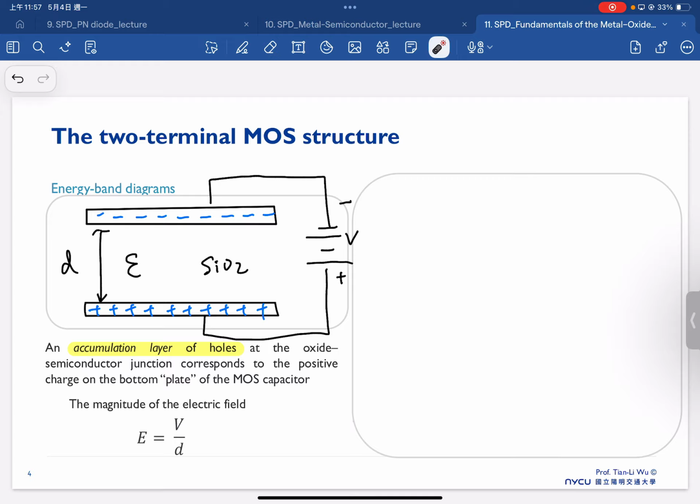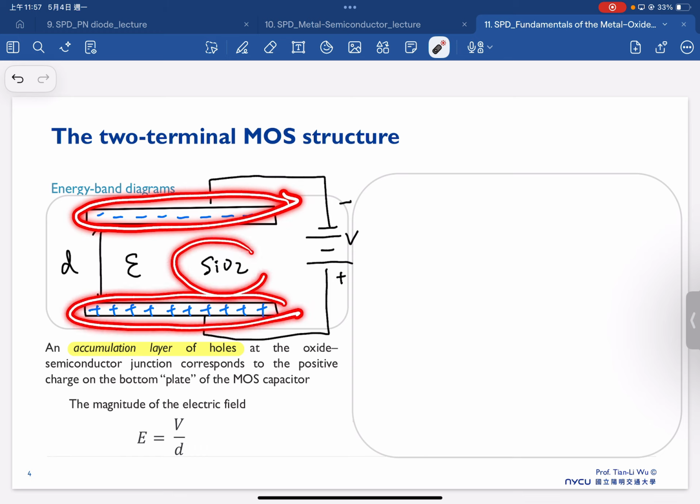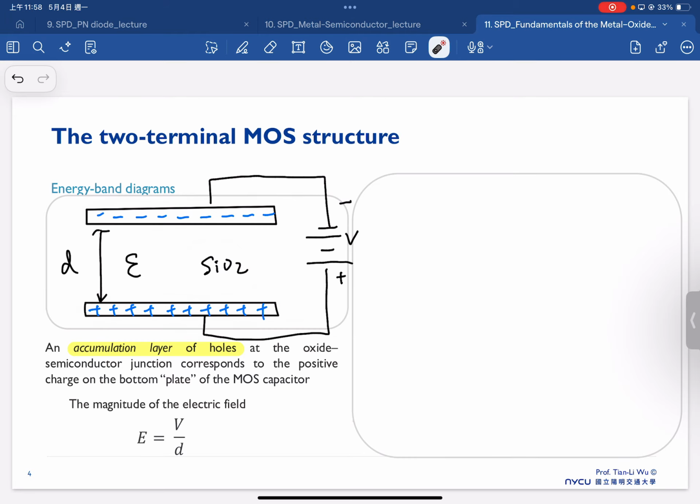This is a typical general case where we have a top plate, a bottom plate, and the dielectric. So that's a typical capacitance: two metal plates separated by a distance.